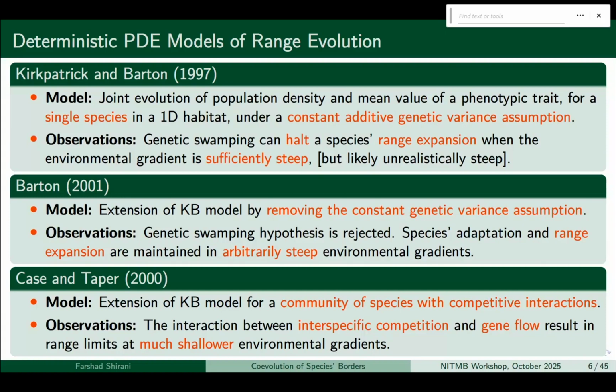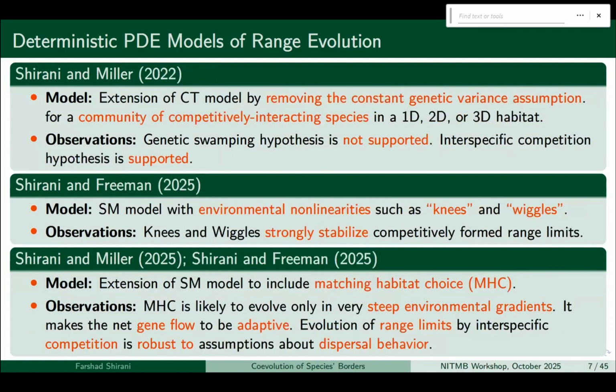That was extended by Case and Taper to a community of species to test the competition hypothesis. We have been building on these models to relax some of their assumptions on the genetic evolution of genetic variants and also the dispersal types. I'm going to talk about these results that we have reviewed.